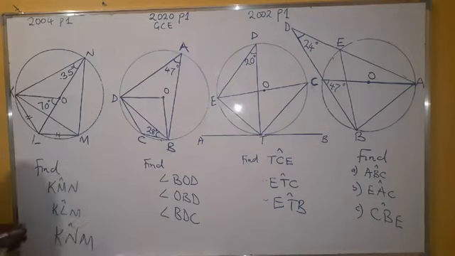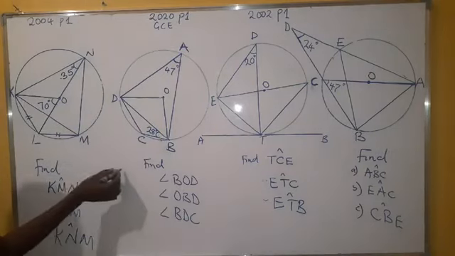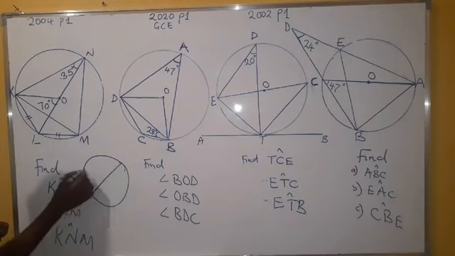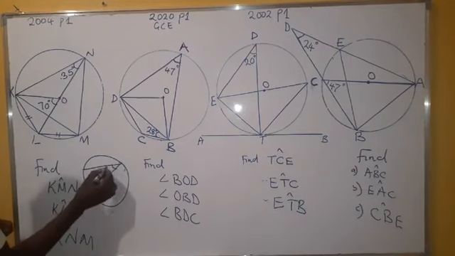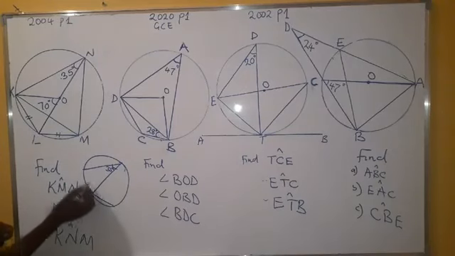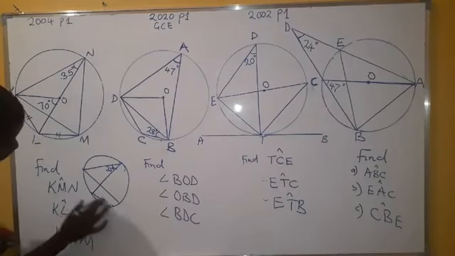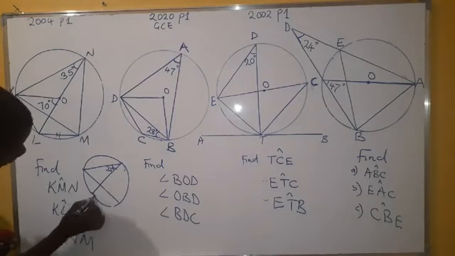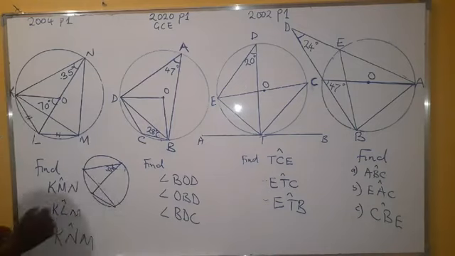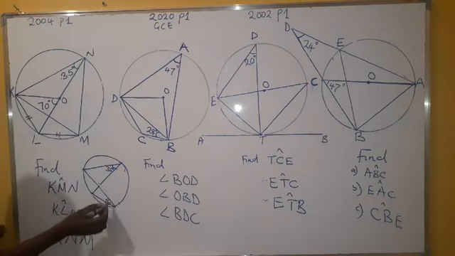And I want to take you back to some theorem also. If I say this is 35 here, what is this angle here going to be? This angle is also going to be 35.